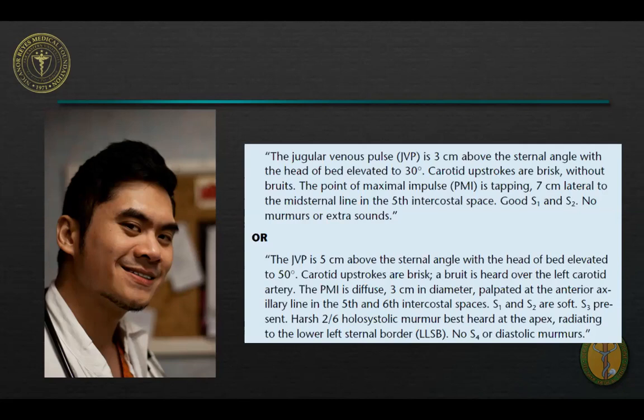S1 and S2 are soft, S3 present, harsh 2 over 6 holosystolic murmur, best heard at the apex, radiating to the lower left sternal border, no S4 or diastolic murmurs heard. So hopefully you have learned a lot from our lecture on cardiovascular physical examination.